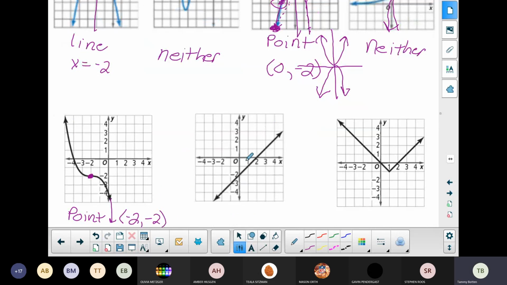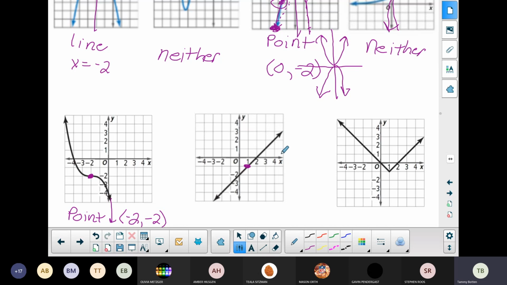All right. This one here, this diagonal line, we talked already today about the fact that diagonal lines do not have lines of symmetry. You couldn't draw a vertical or horizontal line that would cut it in half. However, what you could do is pick any point on this line and turn the graph upside down, and that line would look exactly the same.